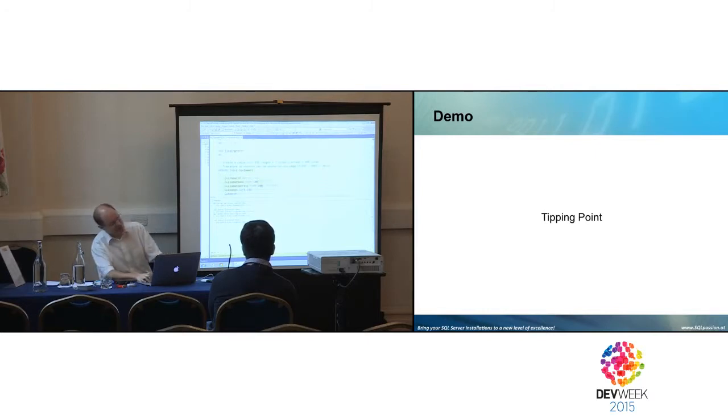I create here a new table. Every record in that table is 400 bytes long, means we can store on one page of 8 kilobytes 20 records.